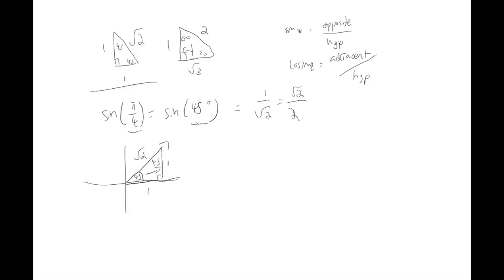Another example, like cosine of, I don't know, 2 pi over 3. If you recall, this is cosine of 120 degrees. So let's shift 120. If I go all the way to the whole line, I'm moving 180 degrees, half a circle.